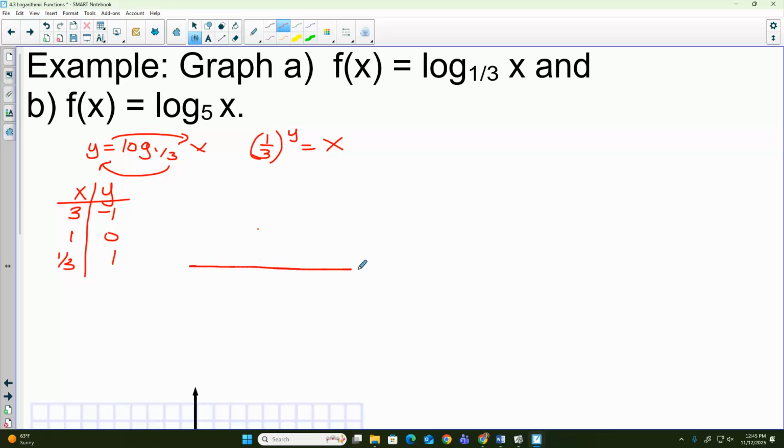If I plot those, (-1, 0, and 1). And we know this should have what kind of asymptote? Vertical. So unless you move your graph left or right, your asymptote is just the y-axis.